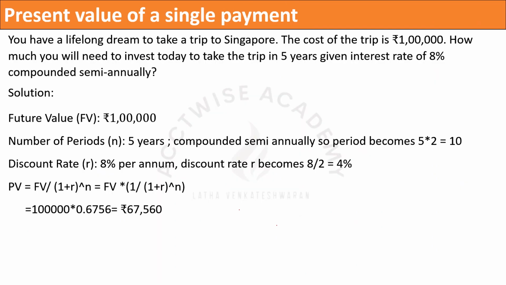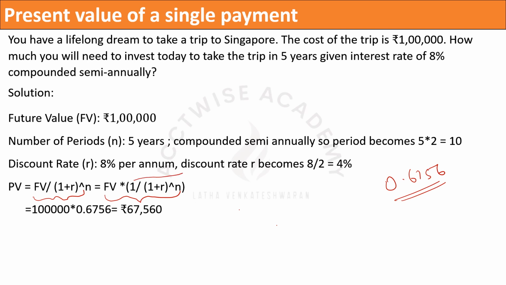Now let us learn how to substitute this 0.6756 in the formula. We know the present value formula is FV divided by 1 plus R the whole power n. This can be rewritten as FV into 1 divided by 1 plus R the whole power n.